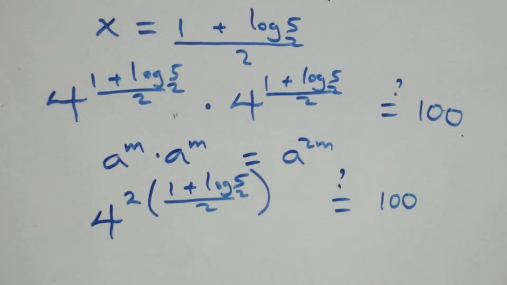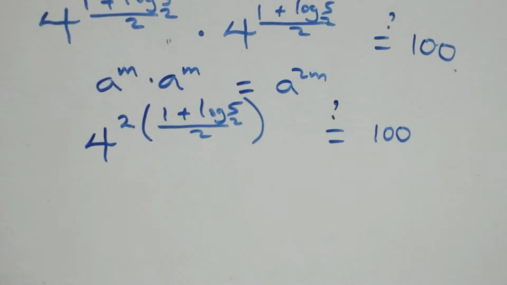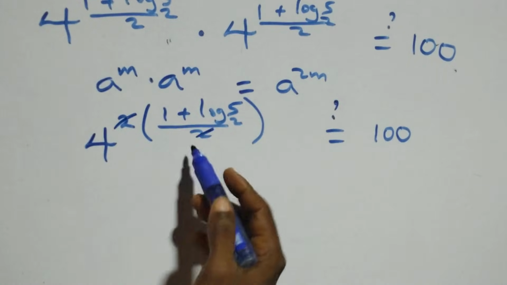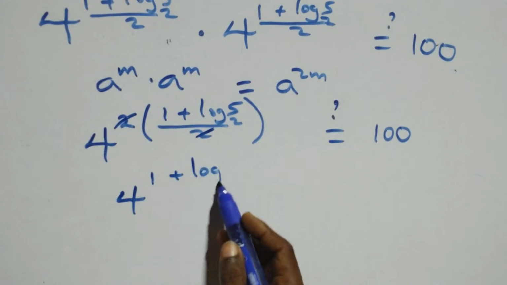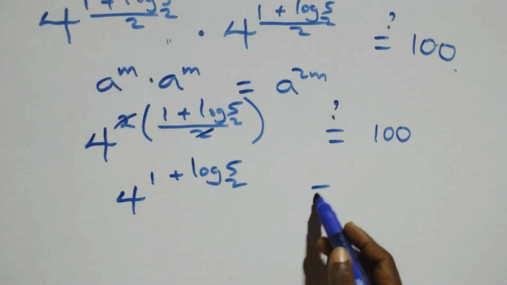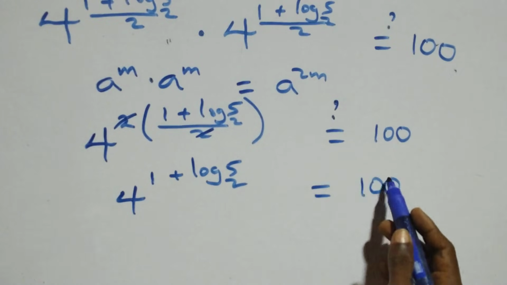From here, the powers multiply and the 2s cancel each other. We have 4 raised to power 1 plus log 5 base 2 equals 100 on this side.